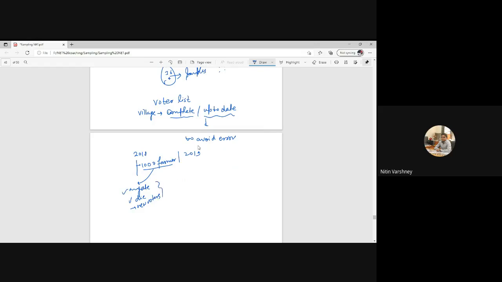Likewise, too many conditions can be there. So to avoid the errors, this list should be up to date, isn't it? And in 2019, suppose there are 1,012. The 12 is extra. So to avoid the error, we have to make this complete and up to date list. That is known as sampling frame.